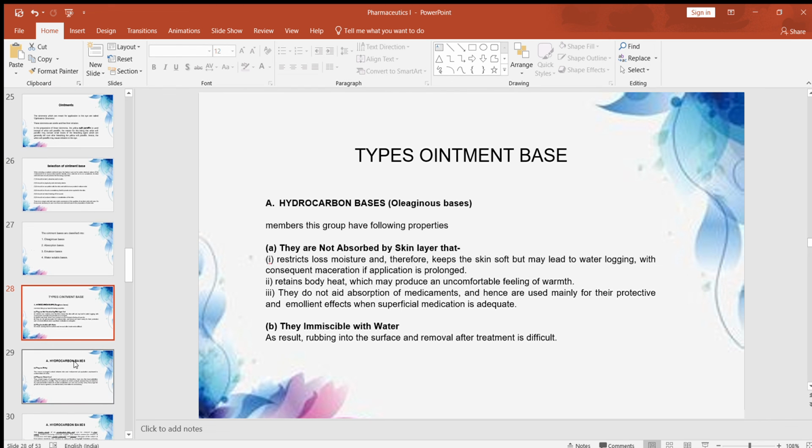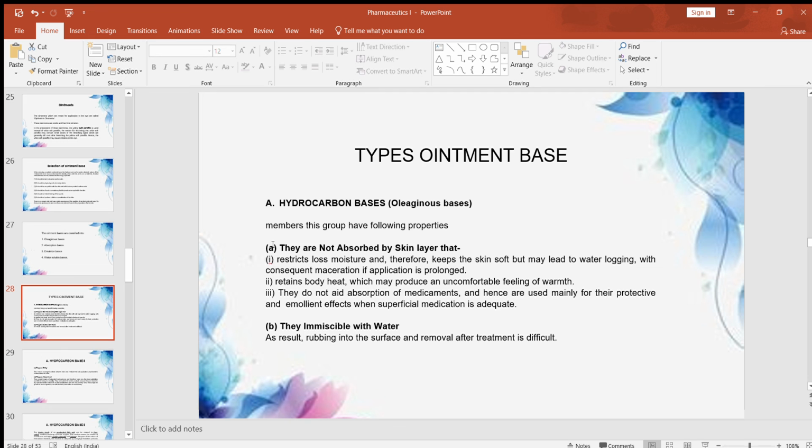Now this first one, the oleogenous base, has an oily consistency; it falls towards the oily side. And they are hydrocarbon bases, meaning the constituents contain hydrocarbon chains. The components, soft paraffin, hard paraffin and liquid paraffin, are the three examples of hydrocarbon bases.